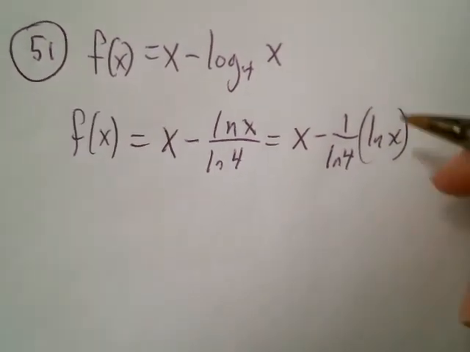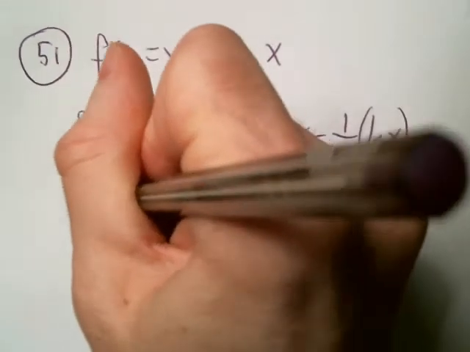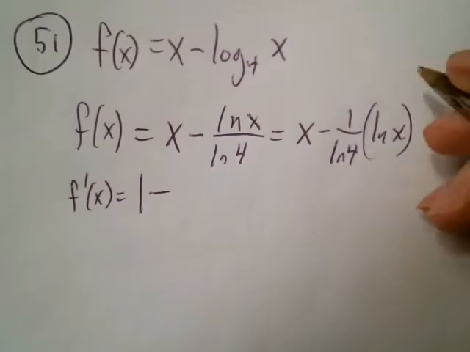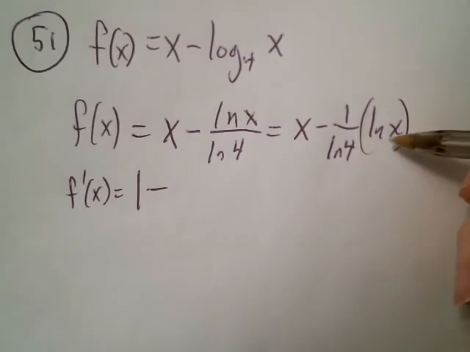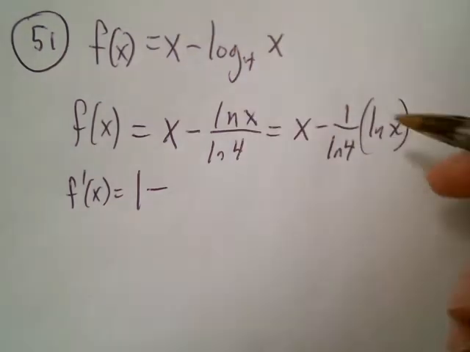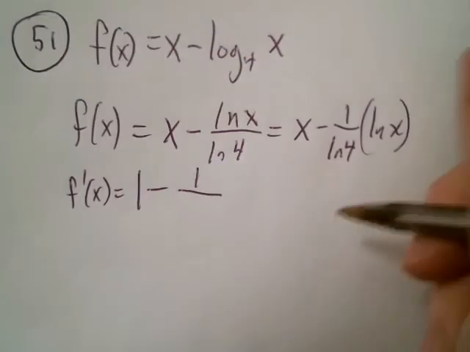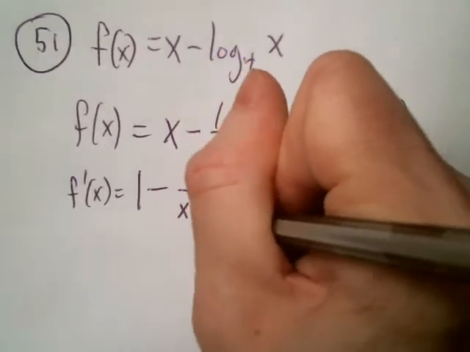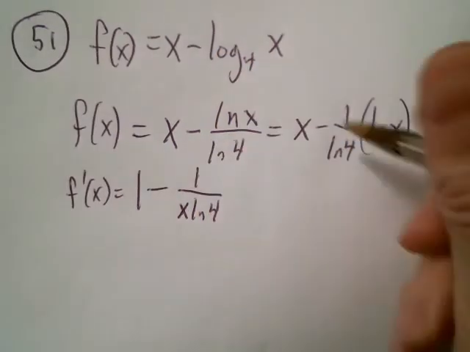Right? So f prime of x is going to be the derivative of x, just 1, minus 1 over ln 4 times the derivative of ln of x, which is just 1 over x. So you end up with 1 all over ln 4 times 1 over x, which you can write as 1 over x ln 4. Right?